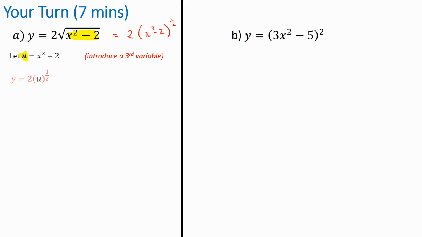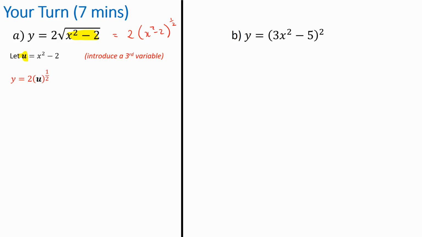If I do that, then that conveniently gives me y is equal to 2, instead of square root of x squared minus 2, I now have square root of u. And that's what I want, because that looks much easier. Now, if I asked you to find the derivative of that, what's the derivative of y equals 2u to the power of half, Zahn? How do you find the derivative of 2u to the power of half?